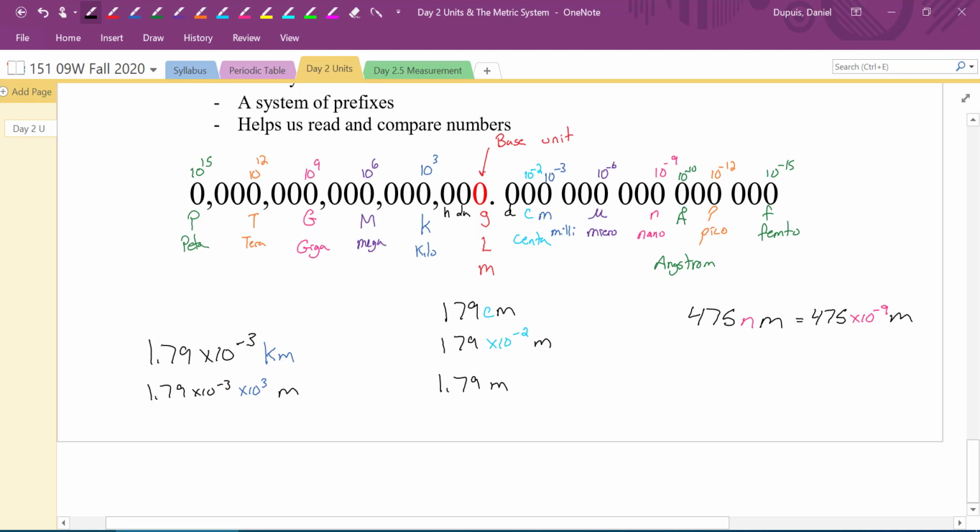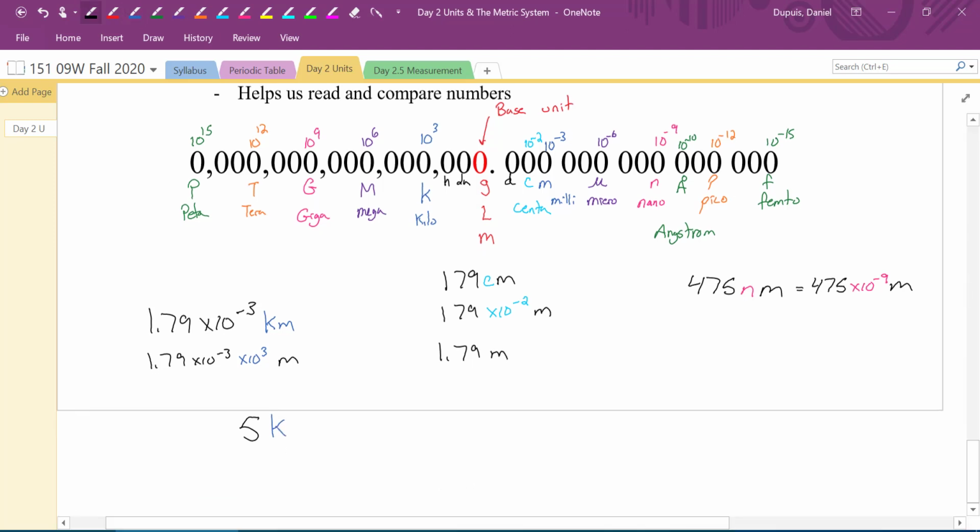Just like if you had a 5K, 5 kilometers, same thing as 5 times 10 to the 3rd meters. Right? And so all this, the prefixes tell us where we're at on here, right?